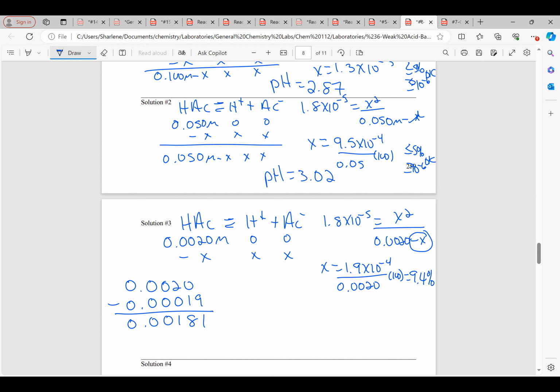All right, so 0.00181, and then I'm going to check it. Okay, so I'm sorry, I'm not going to check that. That's what I'm going to use as my concentration. So 1.8 times 10 to the minus fifth is equal to x squared over 0.00181.